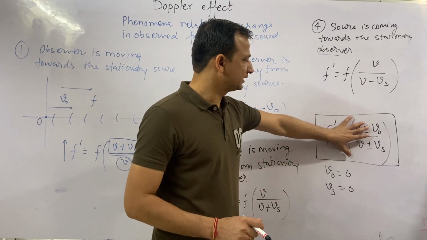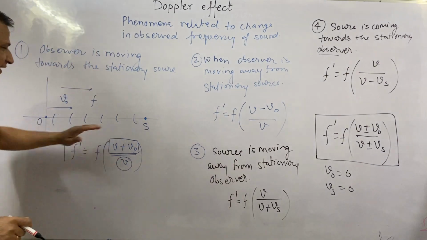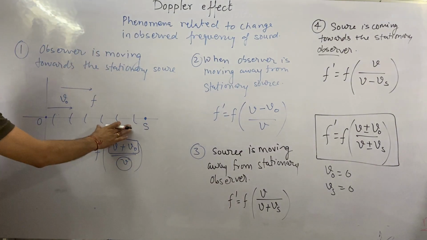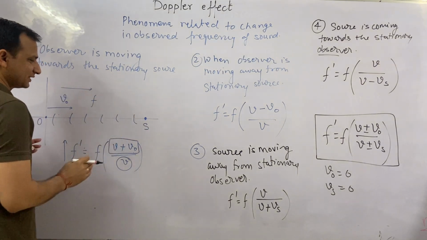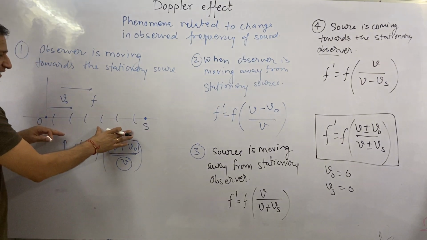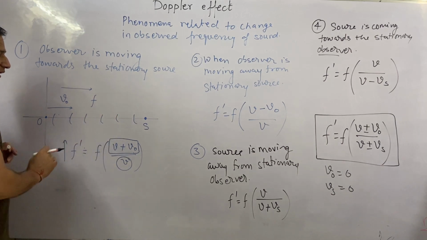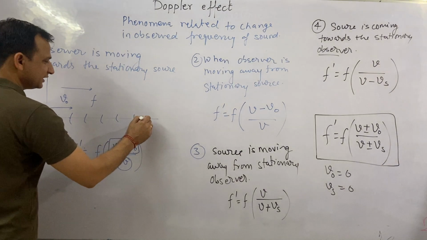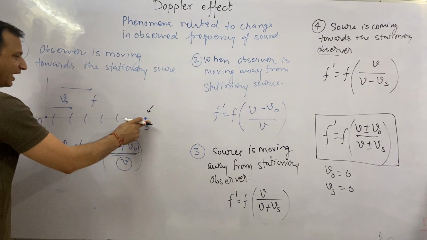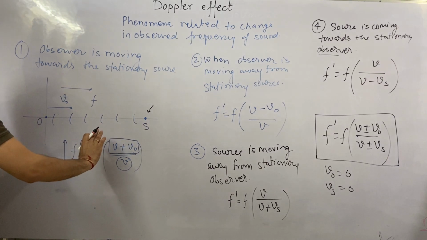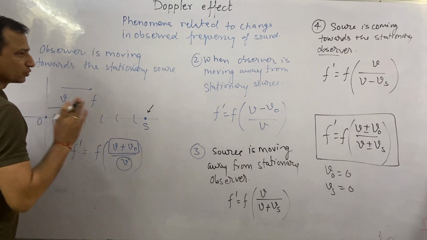If you remember only this formula, you can change the plus and minus sign by using this diagram. So when you are in your exam, or when you are writing a test, or when you are practicing, draw a diagram exactly like this. You may ignore the waves, but you have to draw the position of the source somewhere here, and the position of the observer must be towards the left of this source.